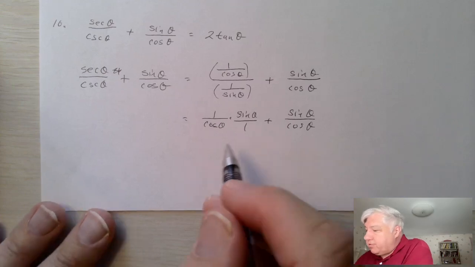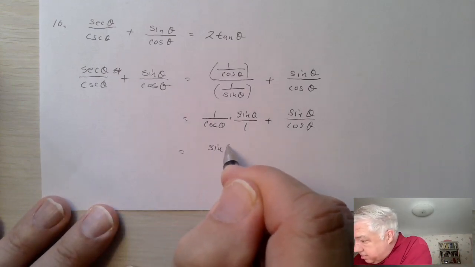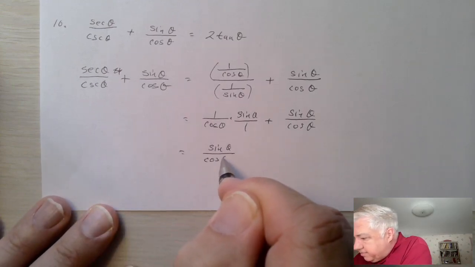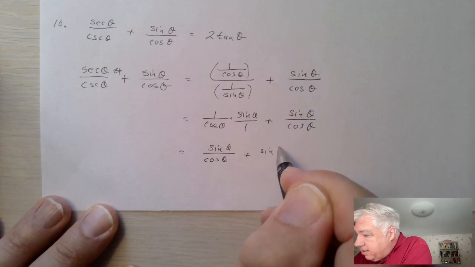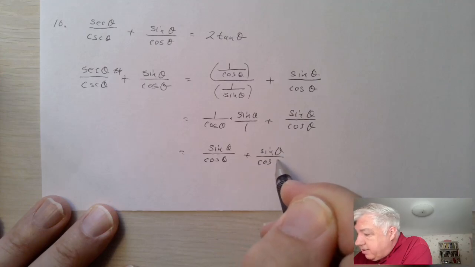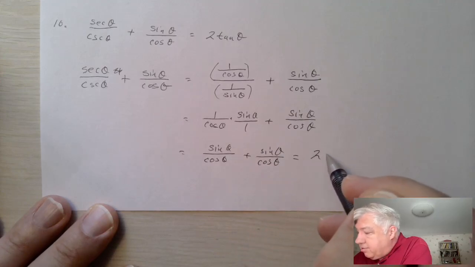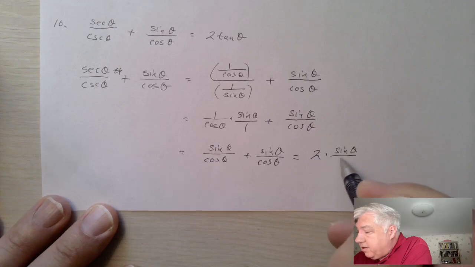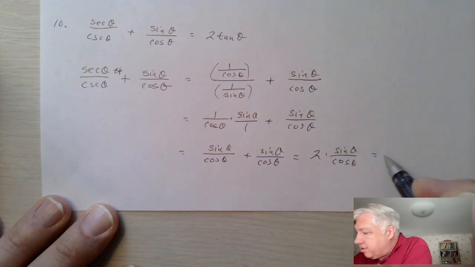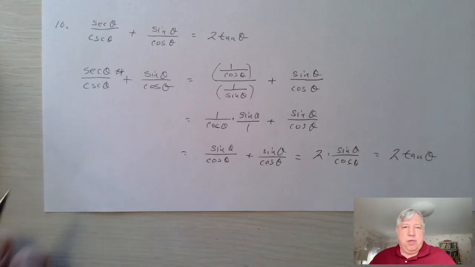And then this, of course, will be sine theta over cosine theta plus sine theta over cosine theta. And this is just 2 sine theta over cosine theta, which, of course, is 2 times the tangent of theta, which is what we wanted to show.